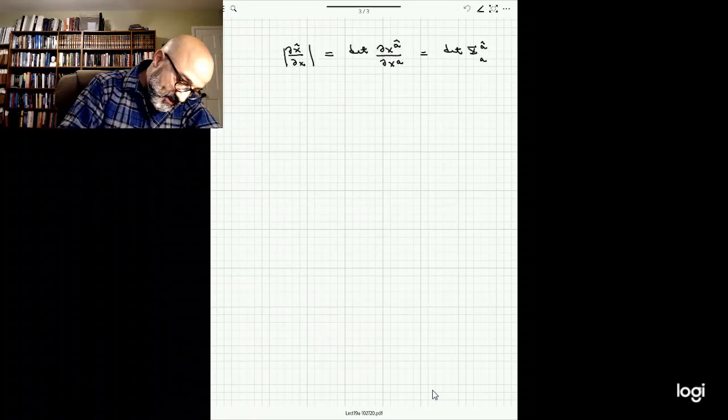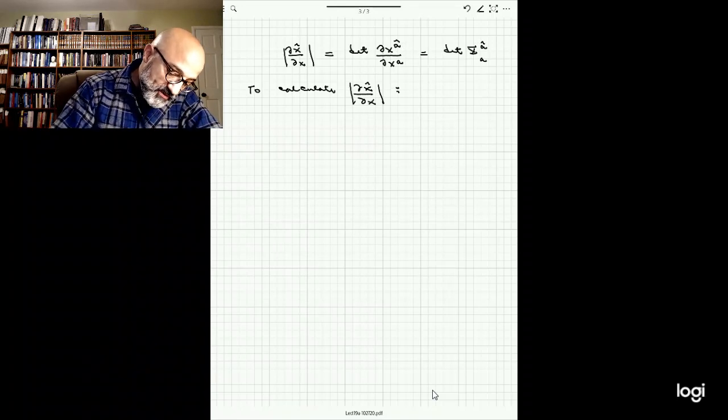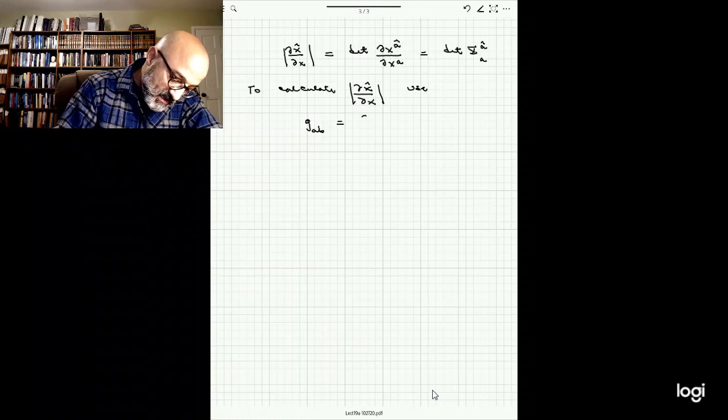So to calculate this Jacobian, we're going to use that G_AB, the metric tensor, is the product of three matrices.